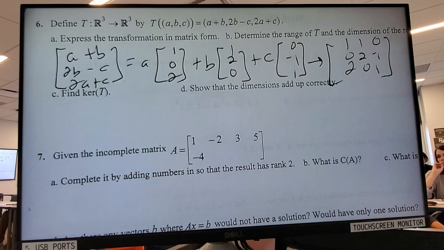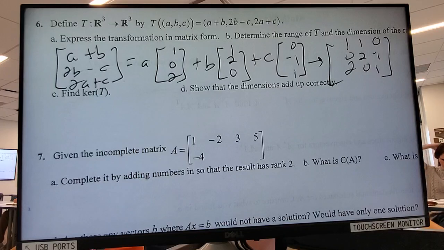Kernel is not a word that only applies to matrices. Another name for kernel, when I'm working directly with matrices, which is what we're going to do with these transformations, is just the null space. The null space of the associated matrix. So I want this to really make sense. Range of T is equal to the column space of A. Kernel of T is equal to the null space of A.